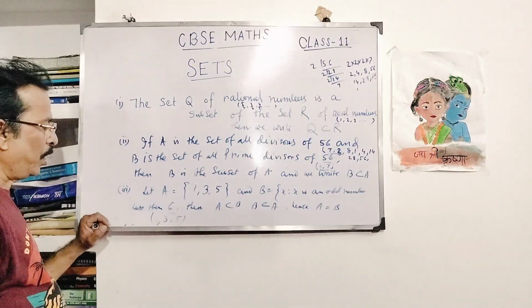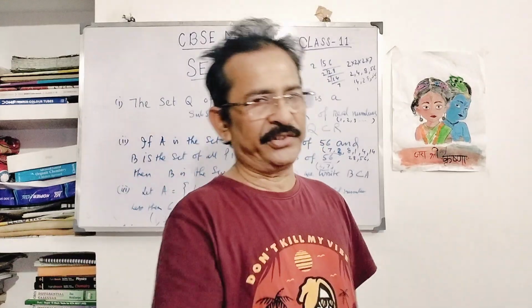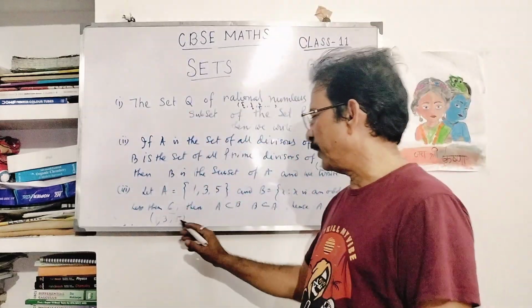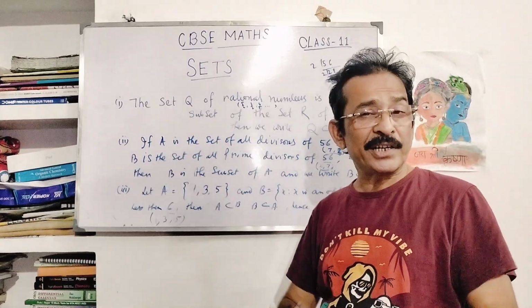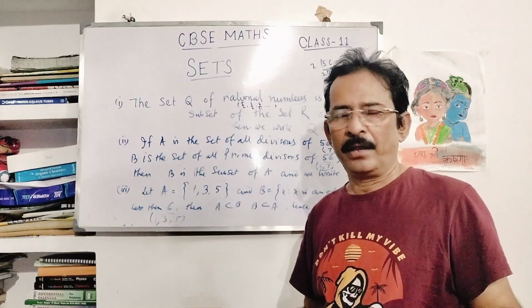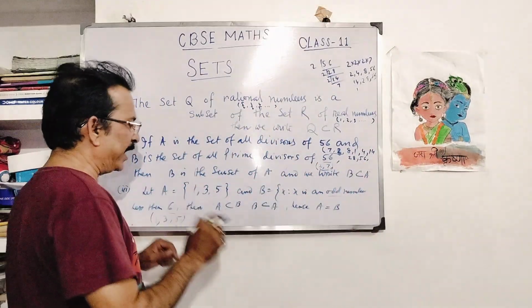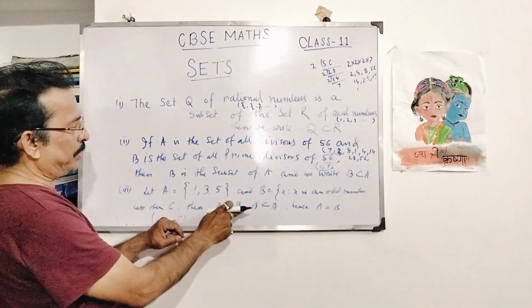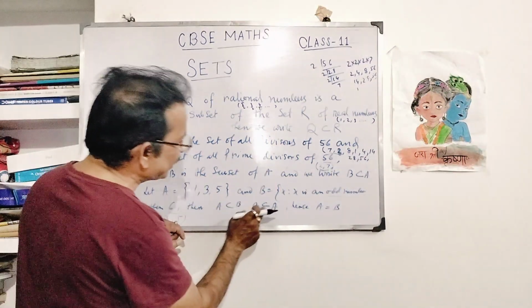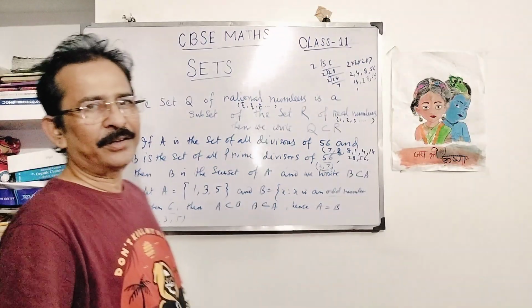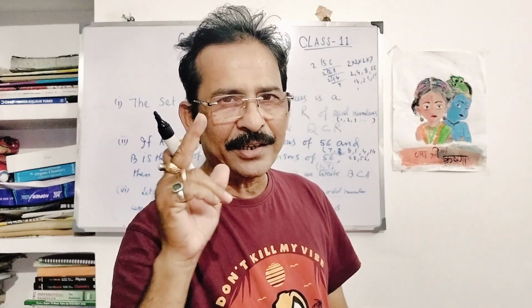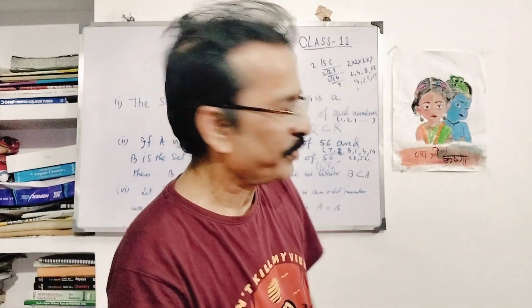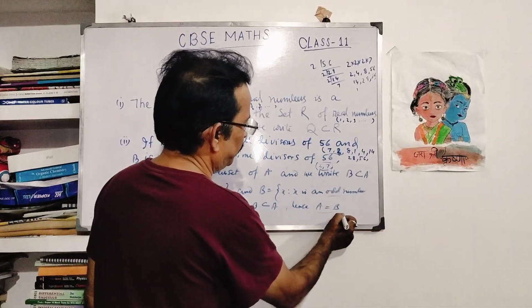Here also the elements are 1, 3 and 5. These are similar. So in that case we can say that A is a subset of B and B is a subset of A. That is, A is equal to B.